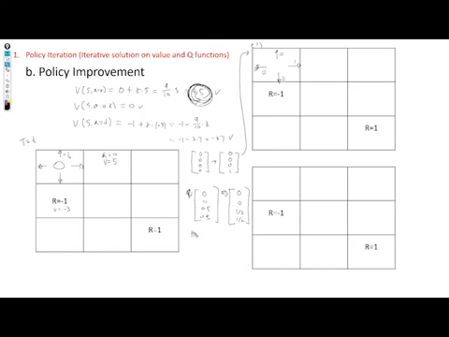So the number of maximum values is 2, and our new probability will be 1 over 2. If we generalize, if we have n maximum values, then the probability will be 1 over n, and we assign this 1 over n to the corresponding indices where the maximum Q values are.